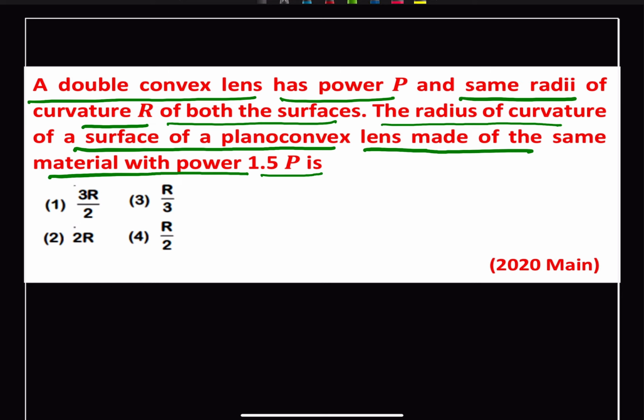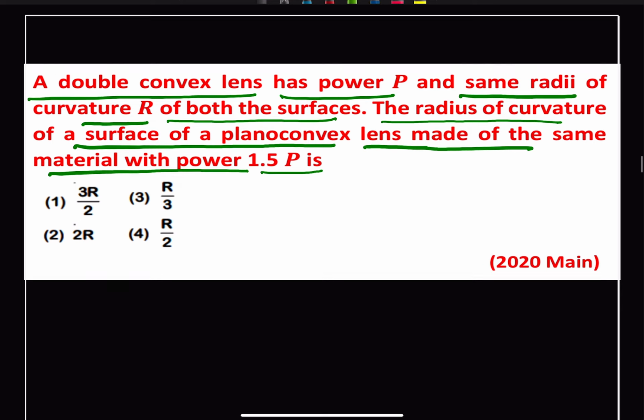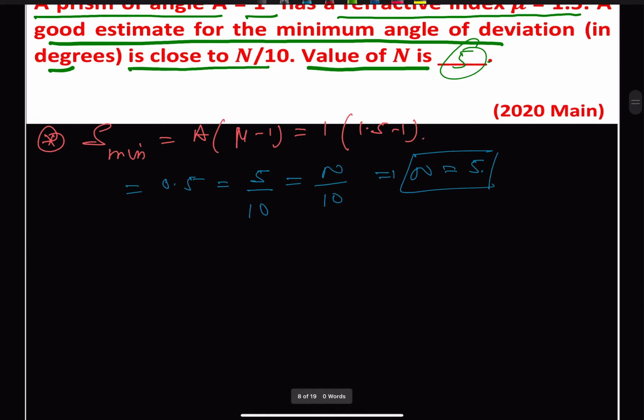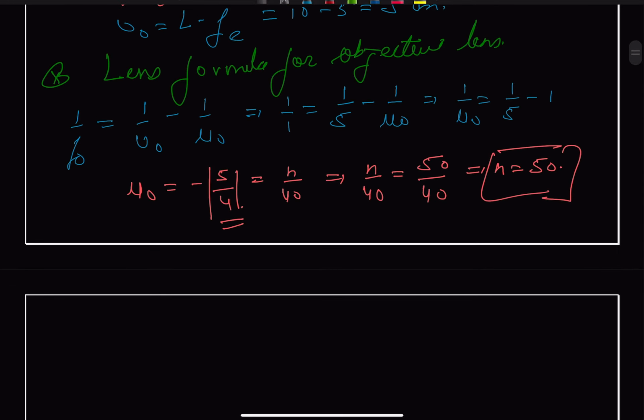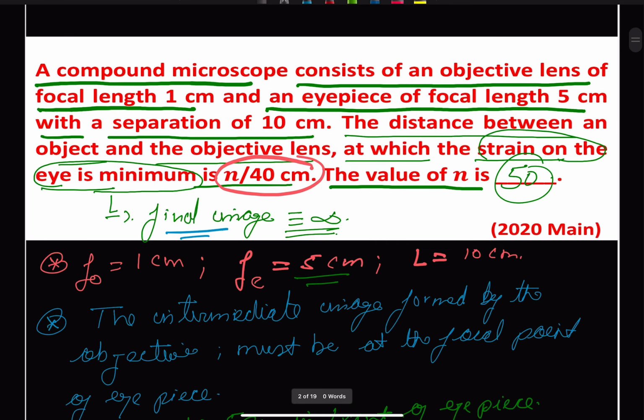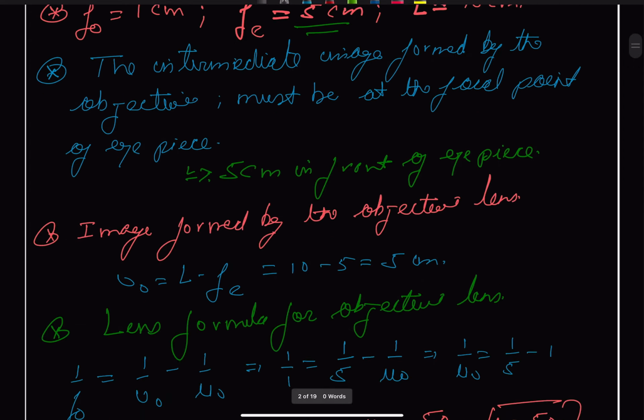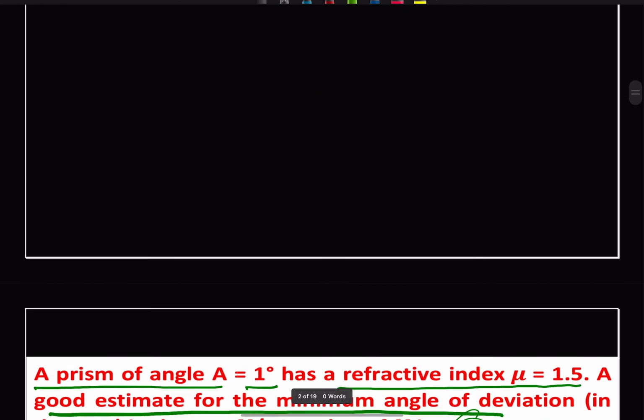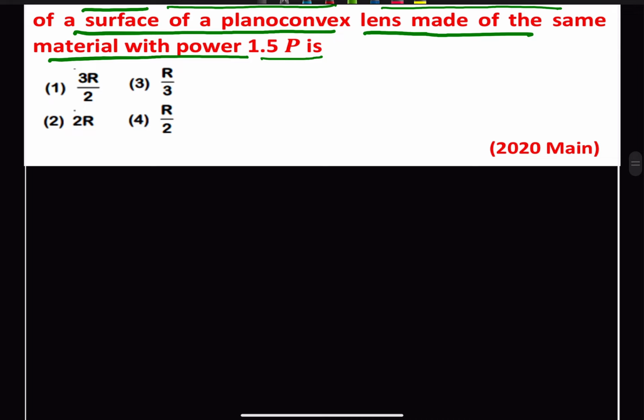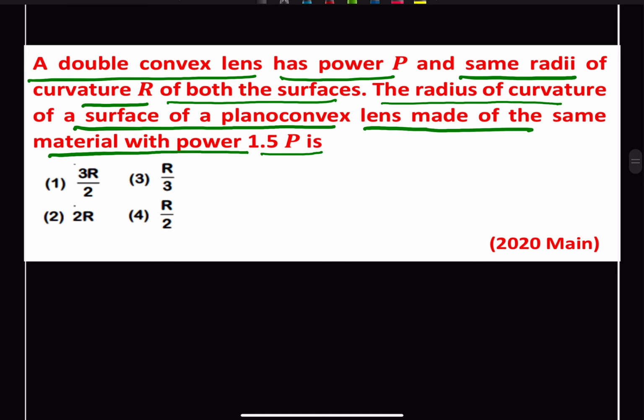So we are given that we have a double convex lens, and it has the same radius of curvature of both the surfaces.